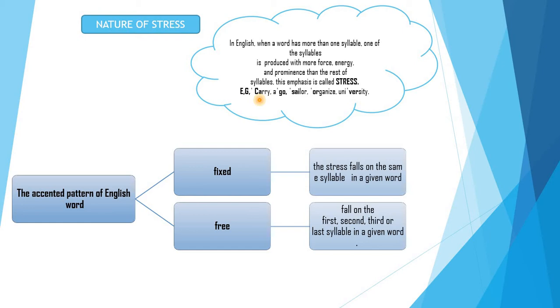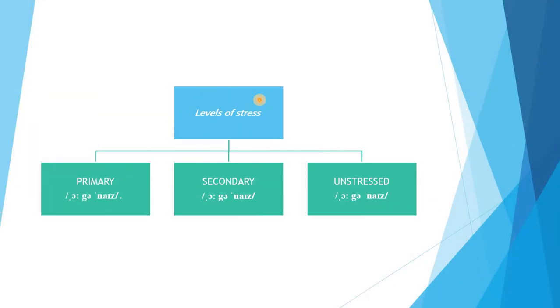For example, nouns are supposed to have the stress on the first syllable, and verbs on the second syllable. Yet it is not applicable all the time. For the free accented pattern of English words, the stress can fall on the first, second, third, or last syllable in other words. Okay? So, we move now to the levels of stress.